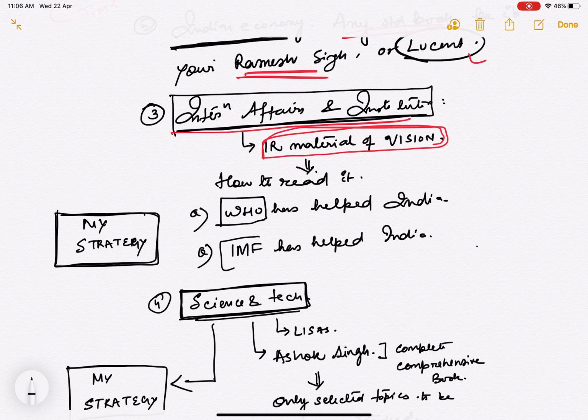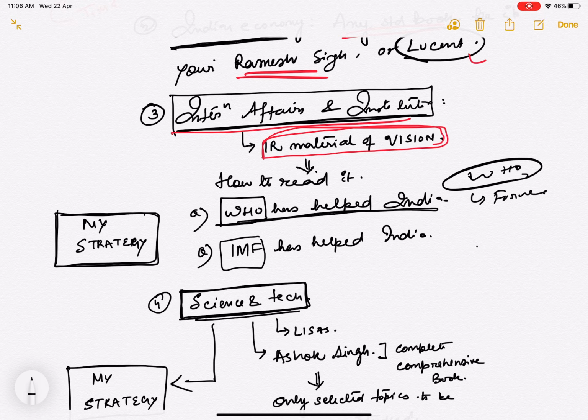Supposing a current affairs topic has come, who has helped India in this and that, who has praised India recently, say the WHO. Now basically I need to look at when it was formed, what was its constitution, where does it get its funding, what are the problems that the WHO faces, because recently this was in the news.